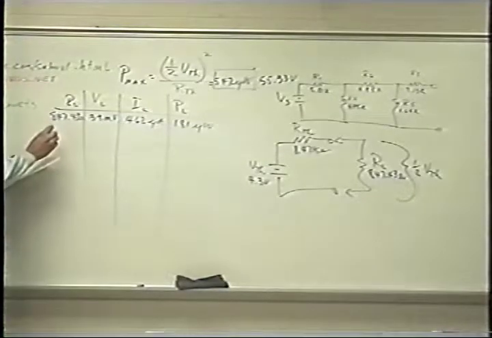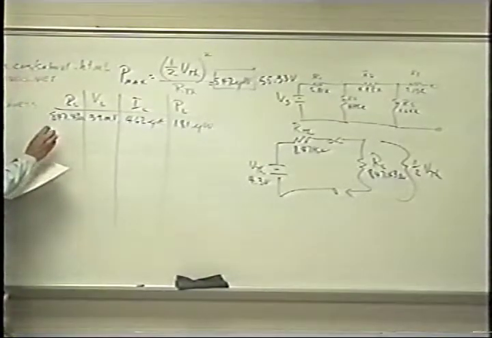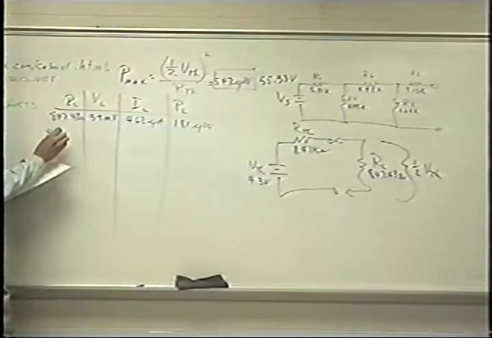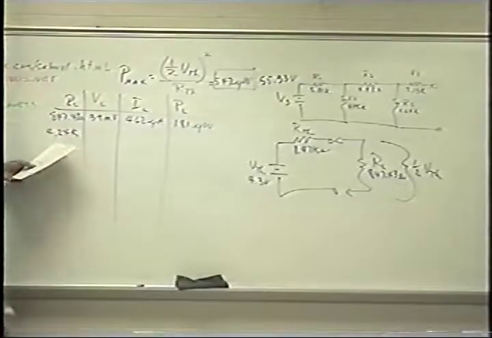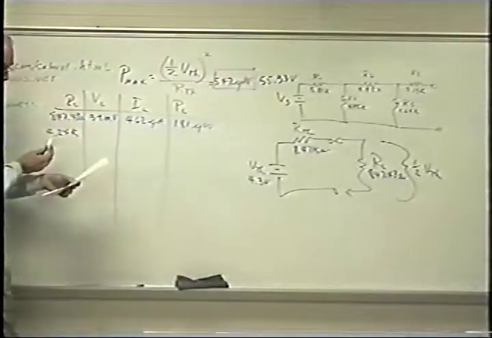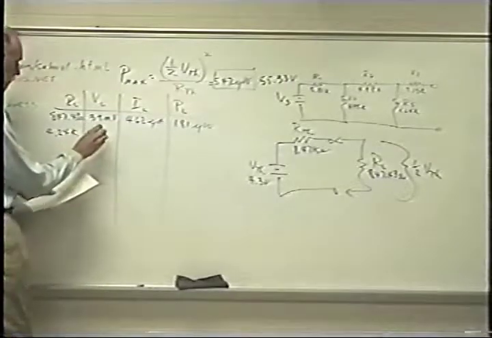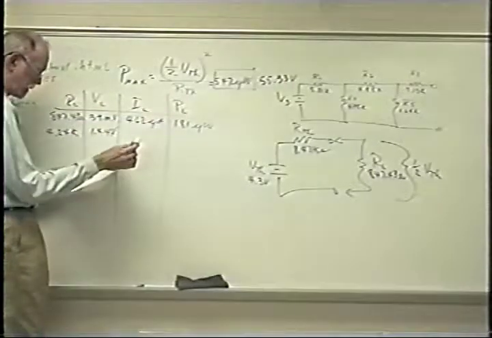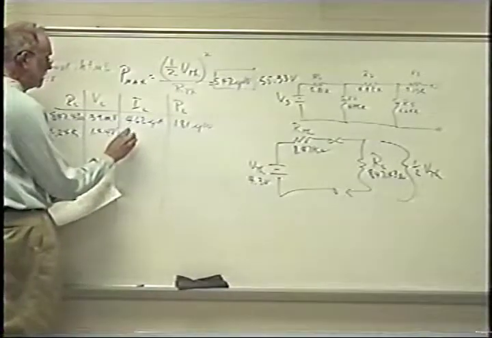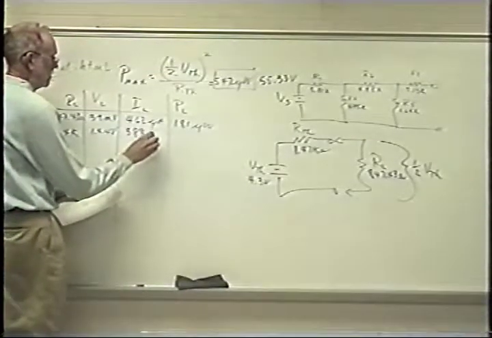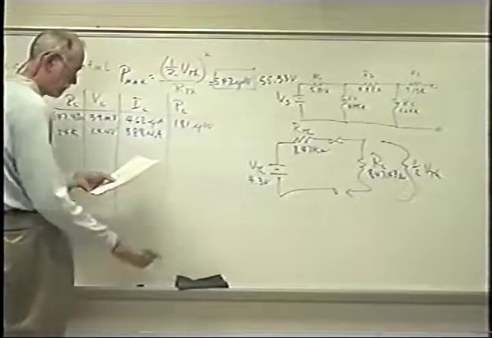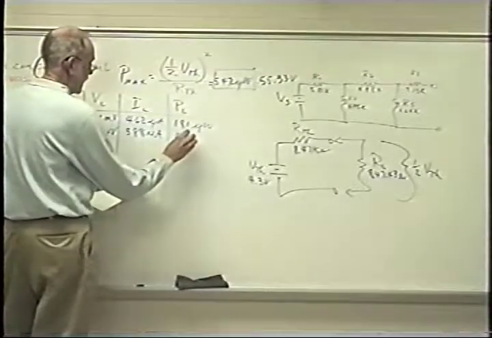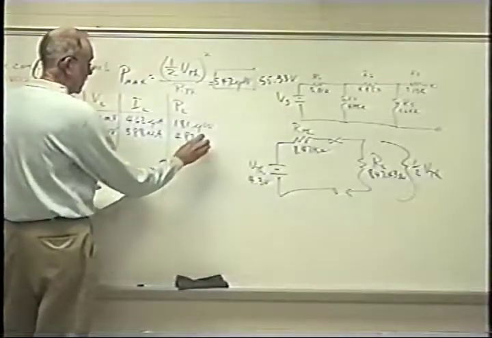If we continue that process, the next resistor is 4.24 k ohms. The voltage at the load is 1.44 volts. The current is 388 microamps, and the power is 487 microwatts.